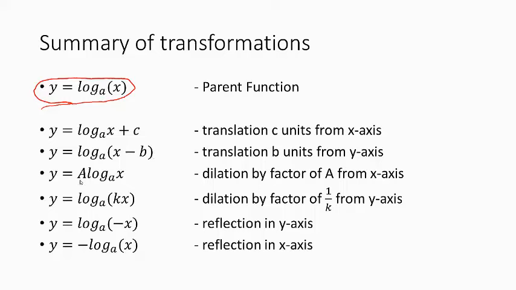If we multiply by a number outside, we're changing the y value, which means a dilation from the x-axis. If we put the number inside, we're changing the x value, which is a dilation from the y-axis.